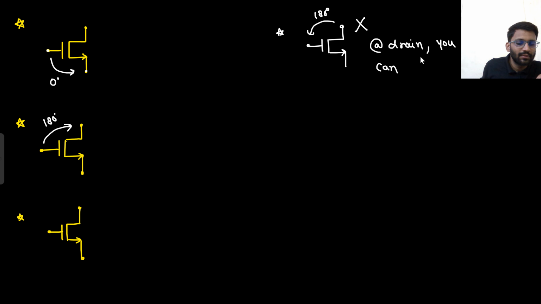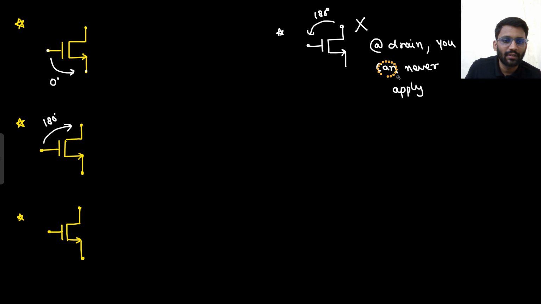Why is it so? At drain you can never apply input. You can do anything, but generally you never apply input at drain.